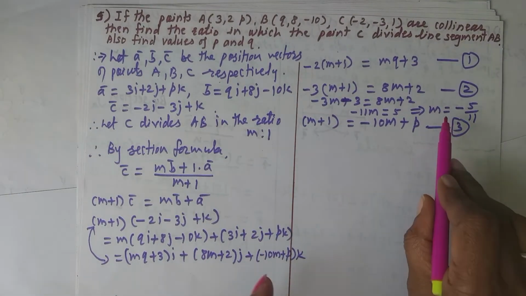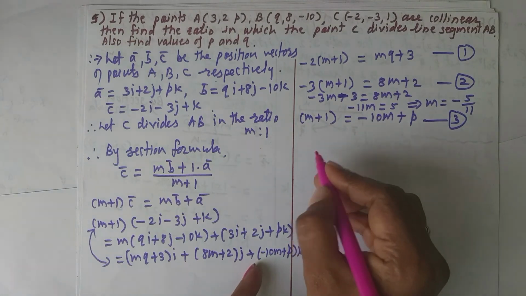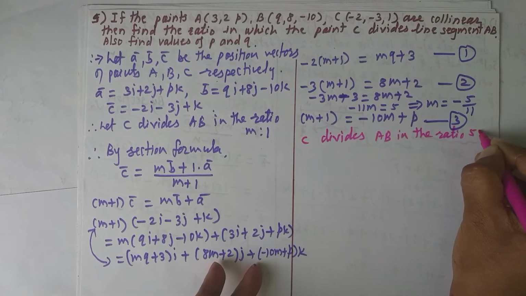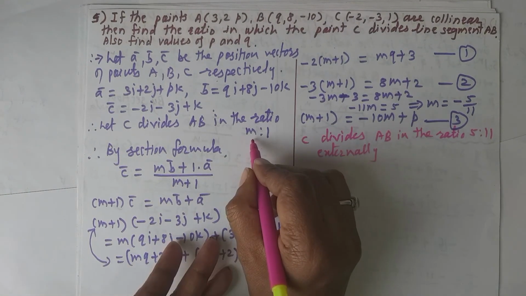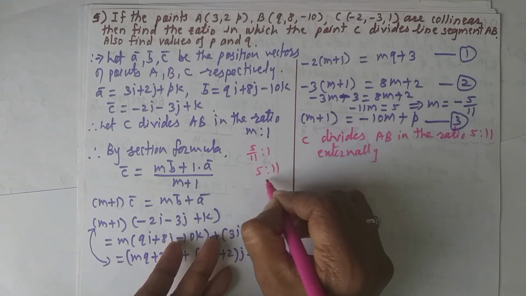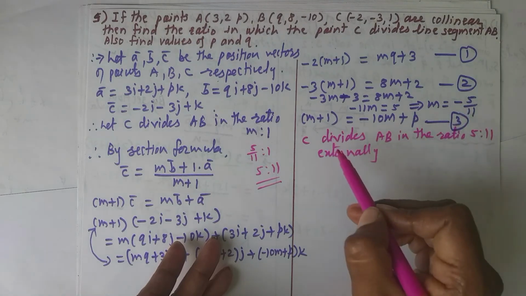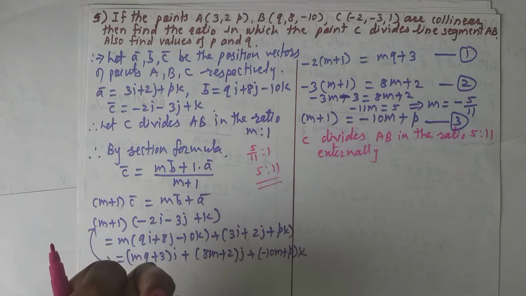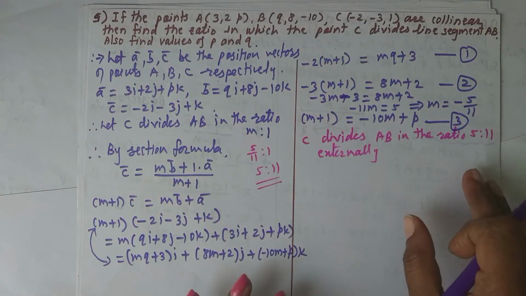Therefore, here the value of m is negative, means C divides AB in the ratio 5:11 externally. If I keep the value of m here, 5 by 11 is to 1, means 5:11. Okay, and this minus sign denotes that C divides AB externally. You take only the positive value of m, and the minus sign denotes that it divides externally.